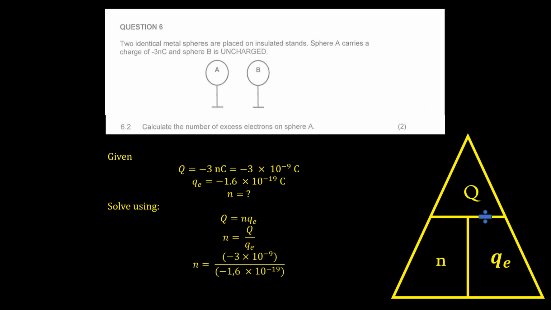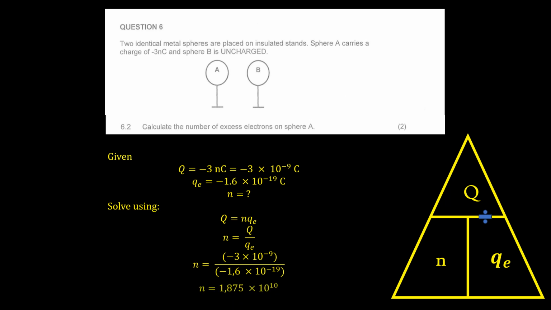This will give us that n is equal to open brackets. It is important when you are working with very small numbers or very large numbers to always open brackets. So you see open brackets, n equals negative 3 multiplied by 10 raised to the power of minus 9, divided by, open another bracket on your calculator, negative 1.6 multiplied by 10 raised to the power of minus 19.